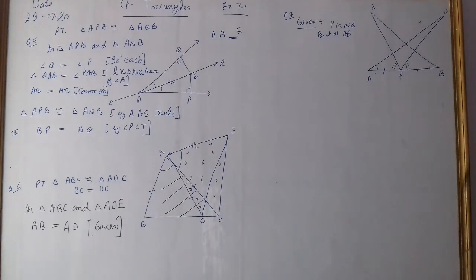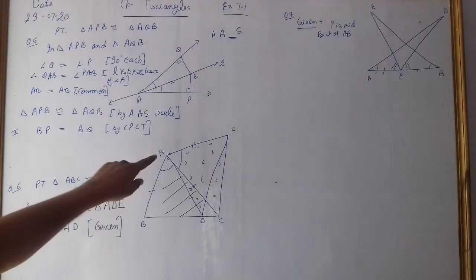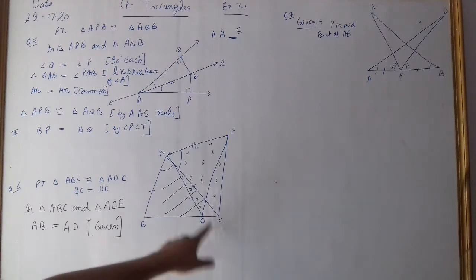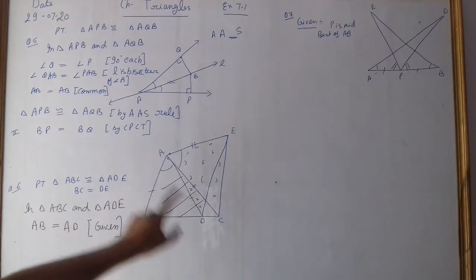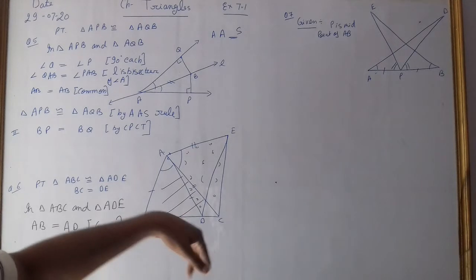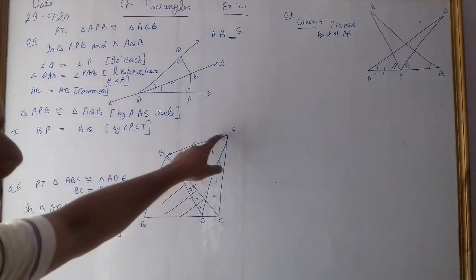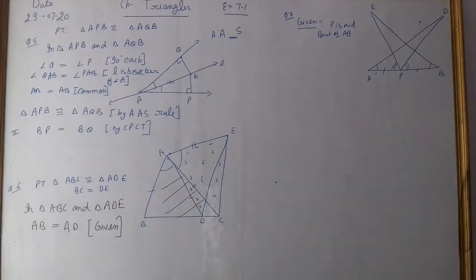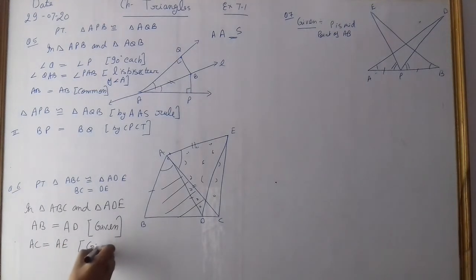Okay, students? After that, the next side: AC side of triangle ABC is equal to AE side of triangle ADE. Is it clear? AC is equal to AE. Given.